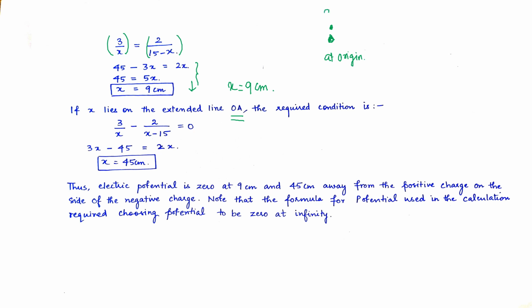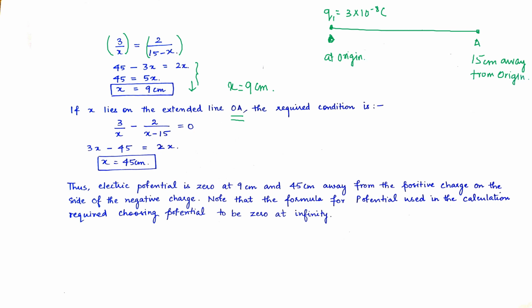and the value at O is Q1, which is given by 3 into 10 to the power 8 coulomb, and from here we have got another value, A. This is at 15 centimeter away from origin.